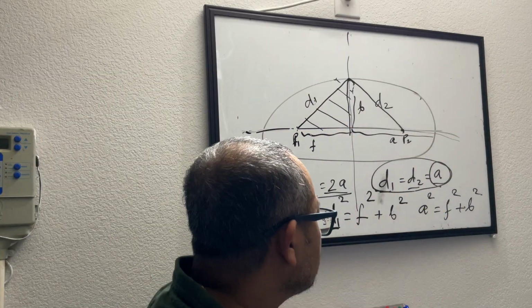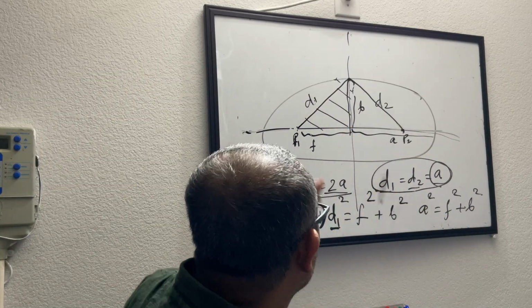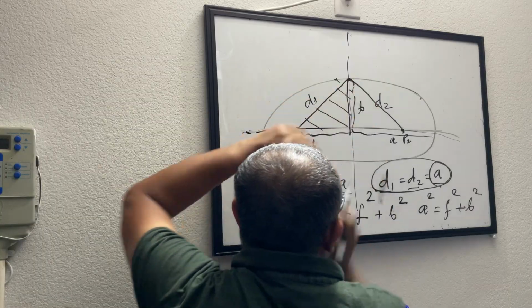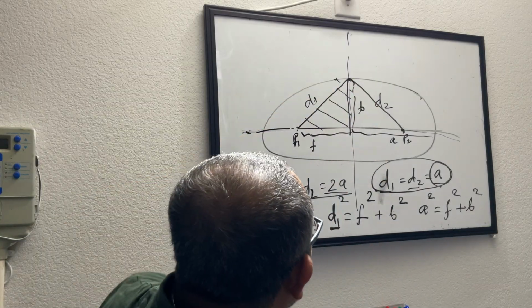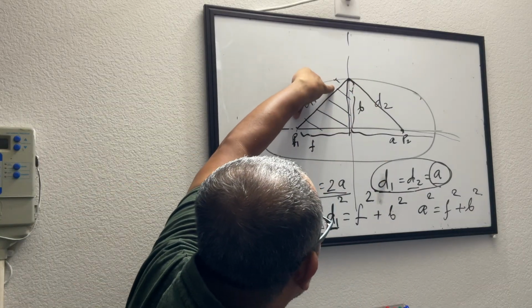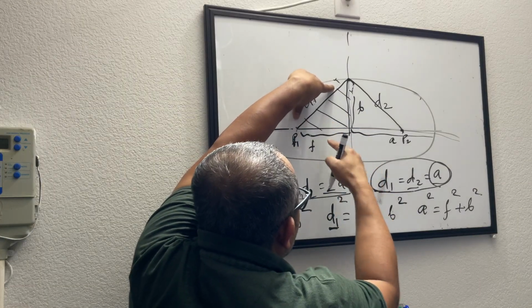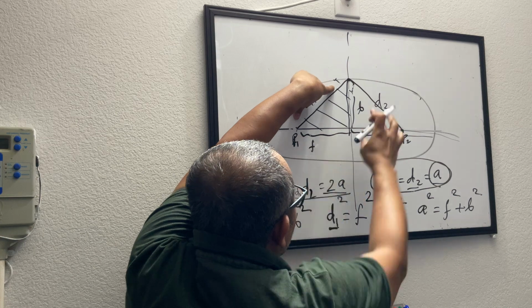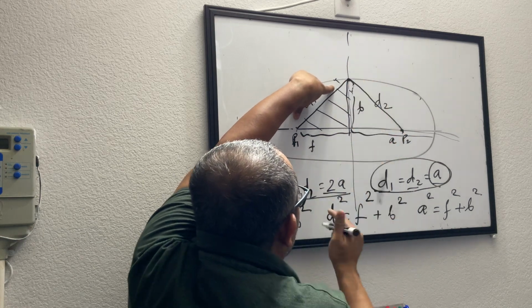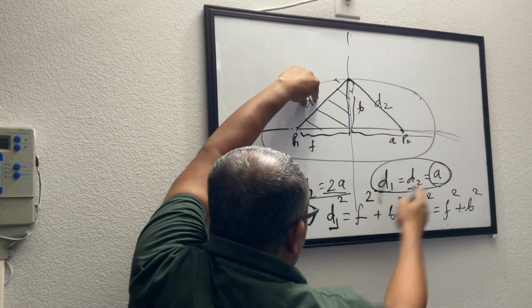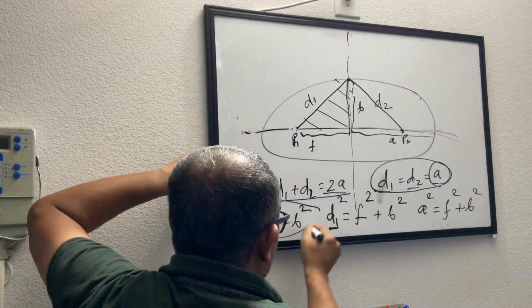So we found one relationship here, and we put that by picking up this as one right angle triangle. And so we said, okay, fine, if this is my D1, which is my hypotenuse of this right angle triangle, D1 square will be equal to this square, F square plus B square. That means, and D1 is my A, so from that we form this relationship.